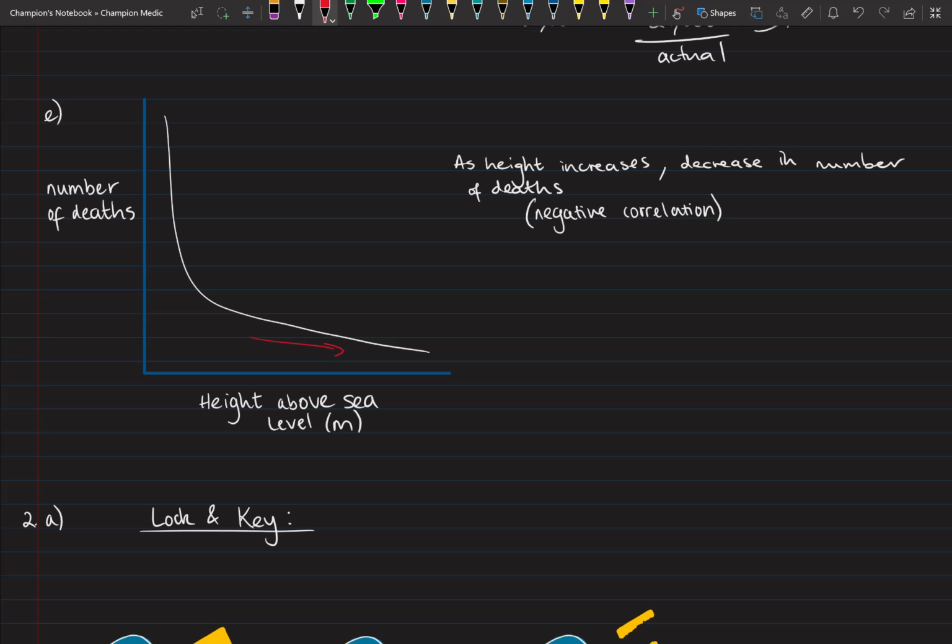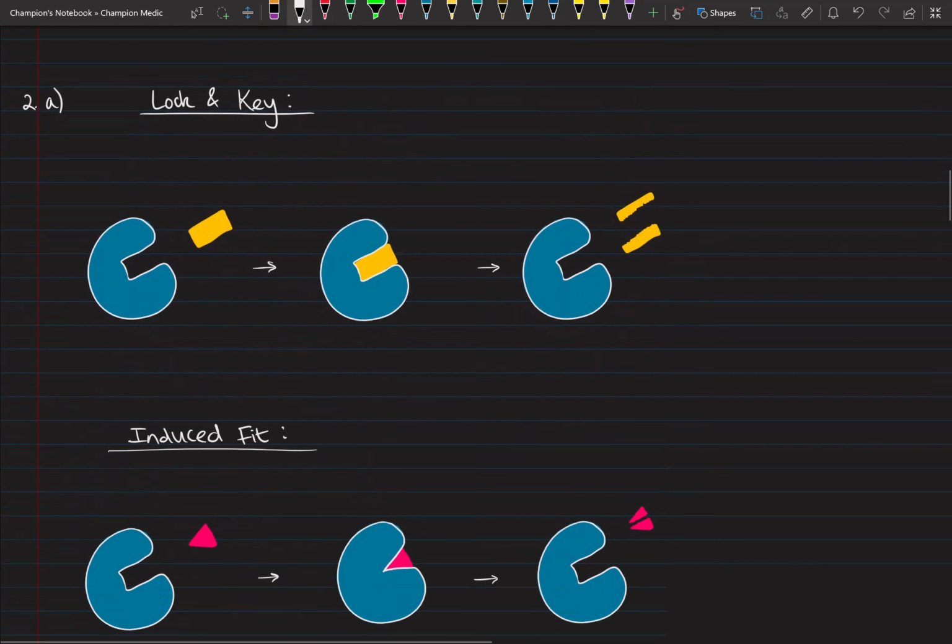So that gets you your second mark. Mentioning a figure from the graph gets you your second mark. So if you say decrease at 15, for example, you'll get a mark. Yeah, it gives you a range between 14 to 30 meters, so any number between there.